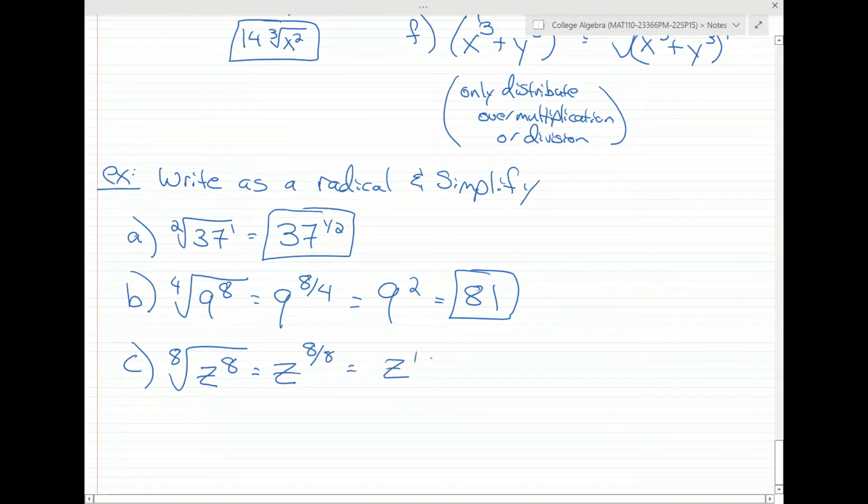One other thing we have to do with this. We have to evaluate it. Because remember we said if there's an even root of an even power, and we get an odd power answer, we need absolute value.